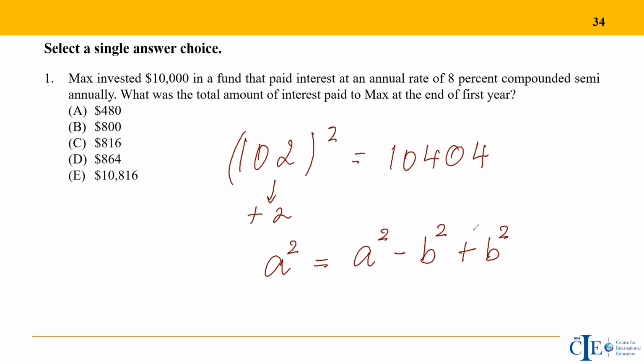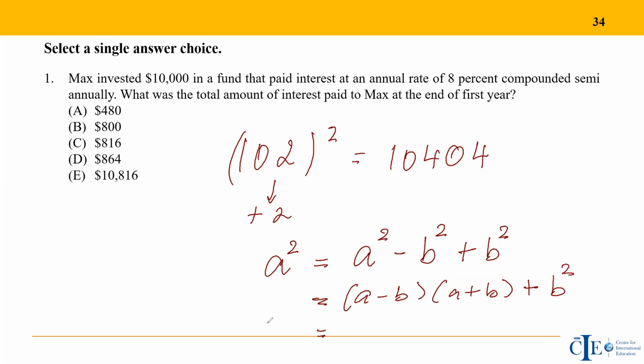So here you see this would expand to a minus b times a plus b, and will give you a, sorry, in this case, a plus b square. So this is equal to a square minus b square.